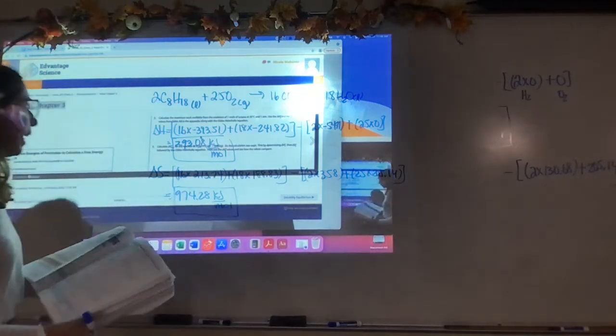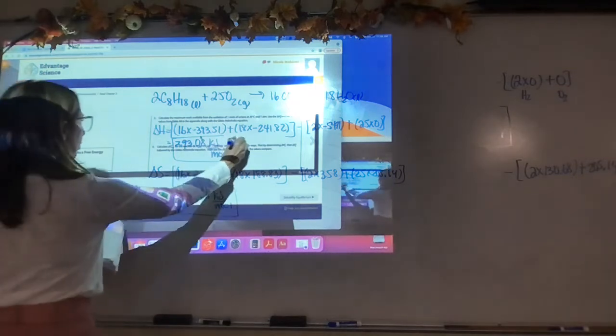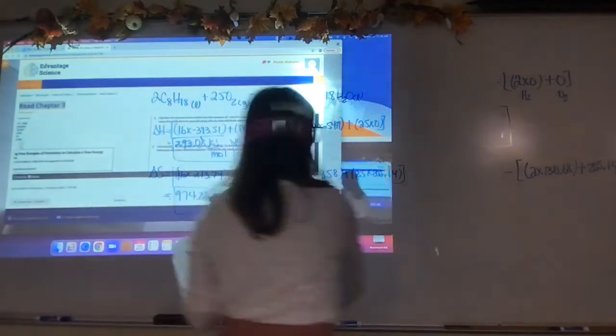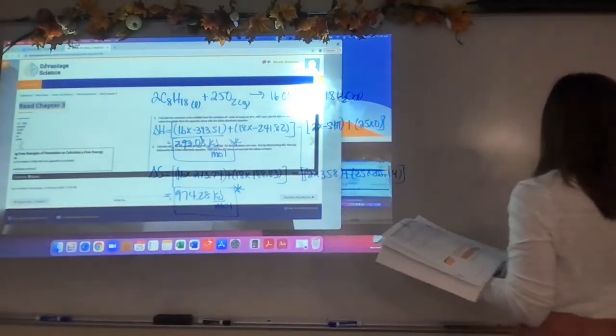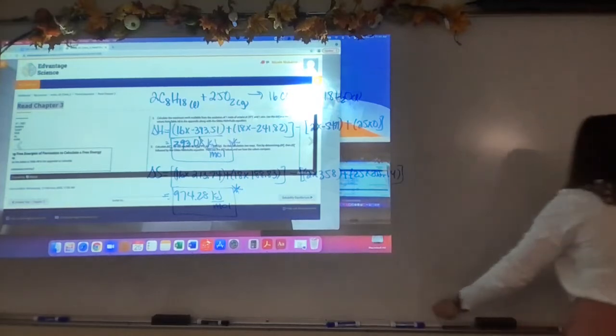Okay. Now, they want us to use the Gibbs-Helmholtz equation. So that means you're going to use this delta H value and this delta S value inside of it. So let me use black because it'll probably show up better.